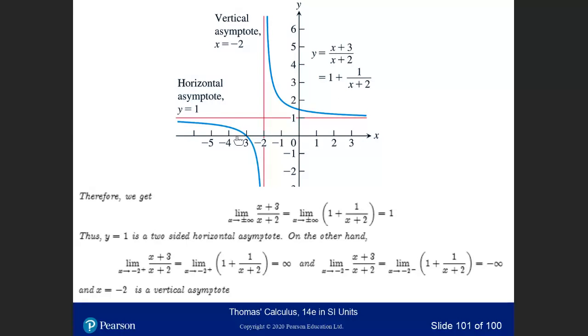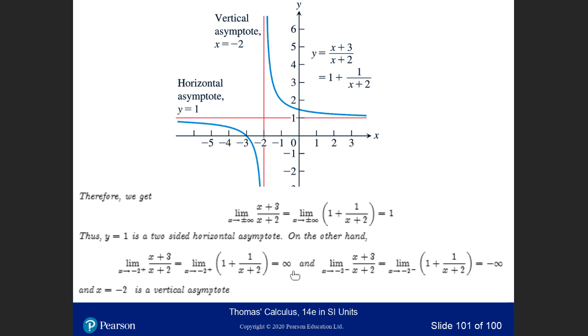However, if I approach minus infinity, that's a negative number subtracted from 1, of course. So my function value is less than 1. So that's why I approach from above to my horizontal asymptote. Here I approach my horizontal asymptote from below.